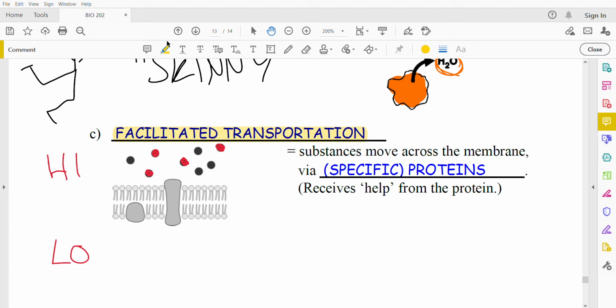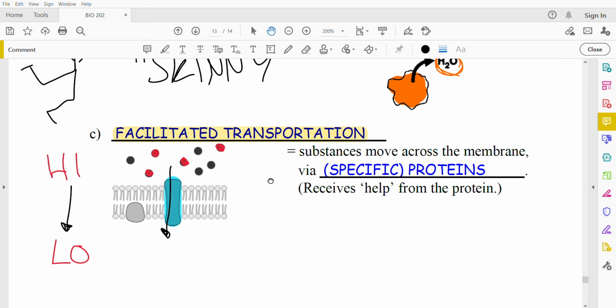And these are going to pass the membrane through a protein, and it can't be just any protein. Only specific proteins let specific things pass through them. These proteins allow these substances to pass from the area of high concentration to the area of low concentration.